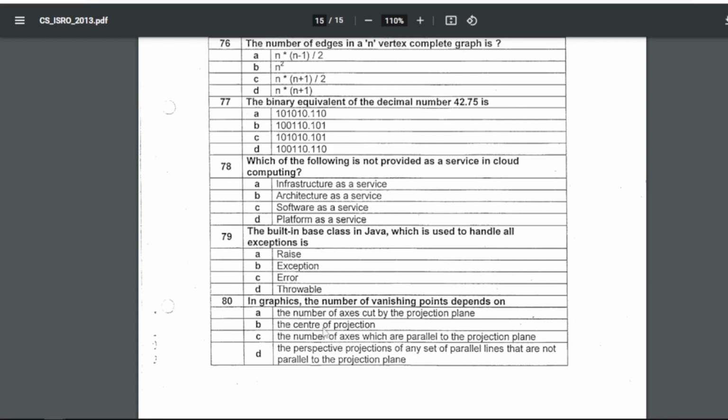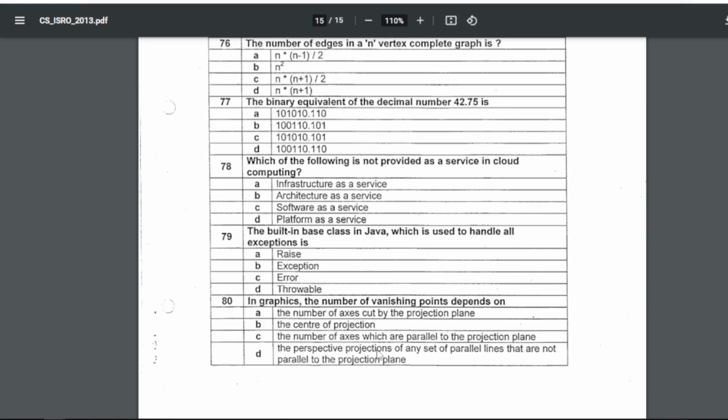80th is: in graphics, the number of vanishing points depends on what? Basically in graphics, the number of vanishing points depends on option D, that is the perspective projection of any set of parallel lines that are not parallel to the projection plane.